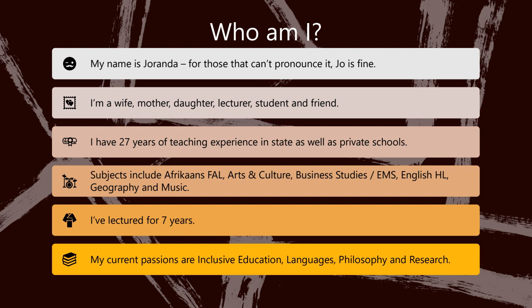So I did Afrikaans, first additional language, arts and culture, business studies, which, sorry to say it, I found extremely boring. I didn't enjoy teaching that. English home language, I enjoyed, but the marking was crazy. Sorry, there's very noisy kids outside here. Geography and then music, but I refuse to teach music anymore because that's by far the most work.